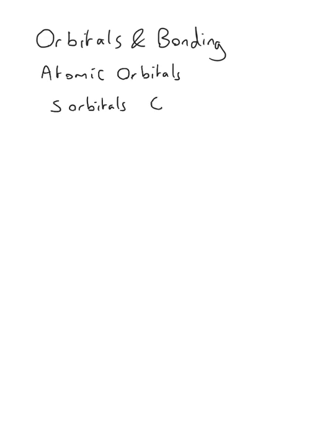The s orbital is spherical. Then you have the p orbitals, which are dumbbell shaped, and you have d orbitals, which are just really elongated p orbitals.